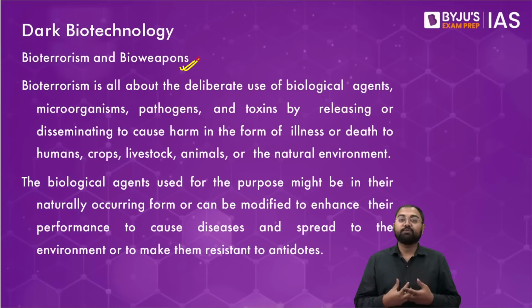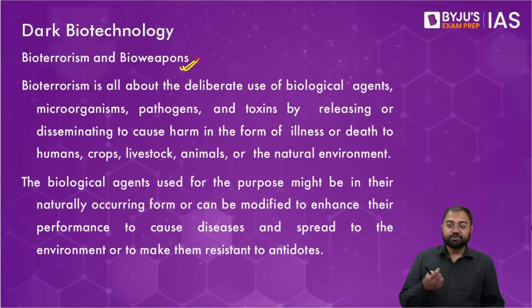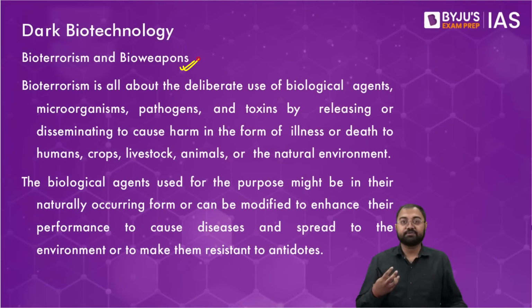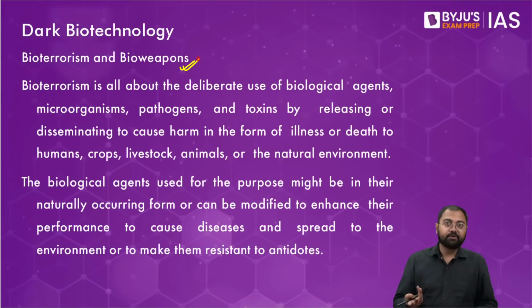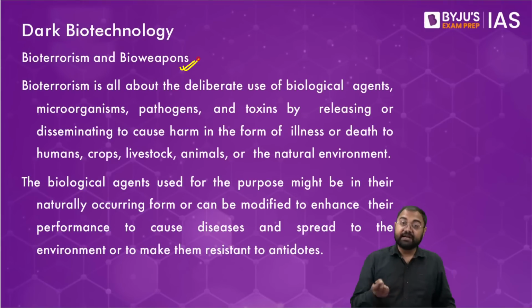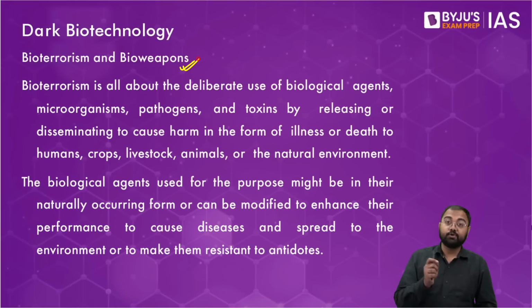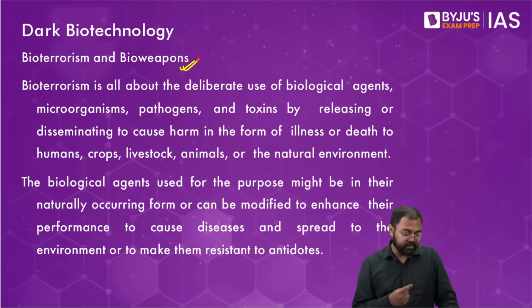A lot of the population depends on agriculture for its livelihood. So if some kind of pathogen is released against crops in India, that also leads to wide destruction and will have a huge negative impact on the Indian economy and, at an individual level, on a lot of people. So even that will be counted as an act of terrorism, and that's why it will all be counted as bioterrorism.